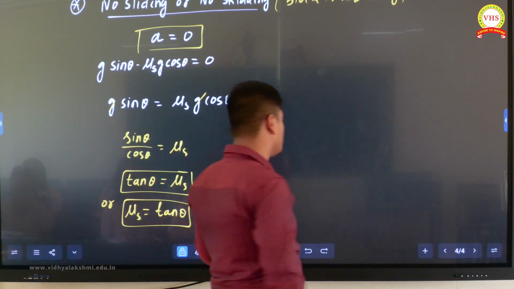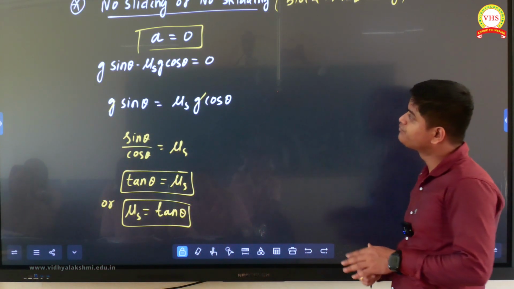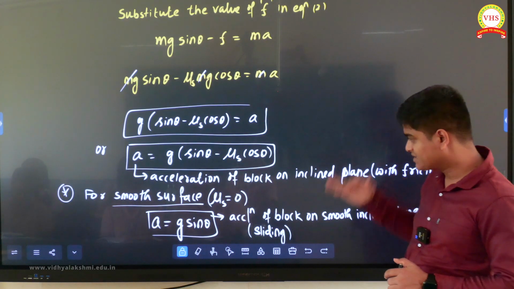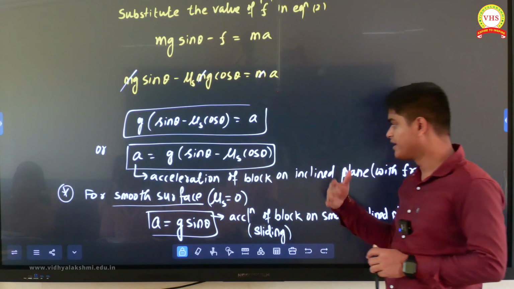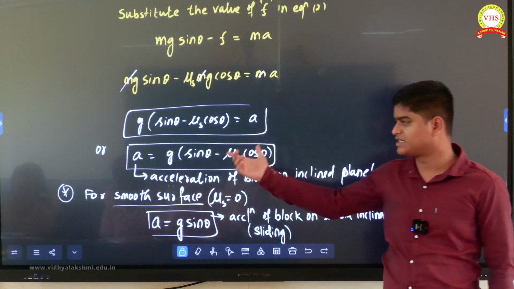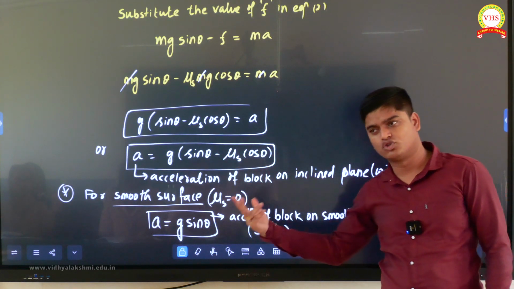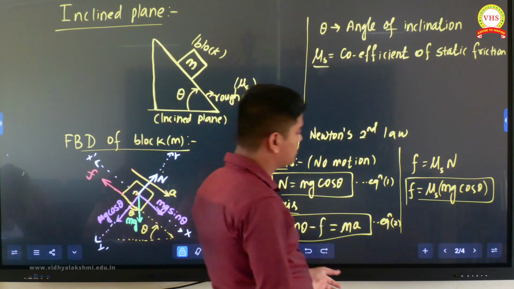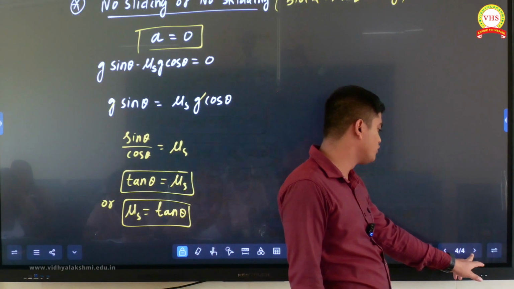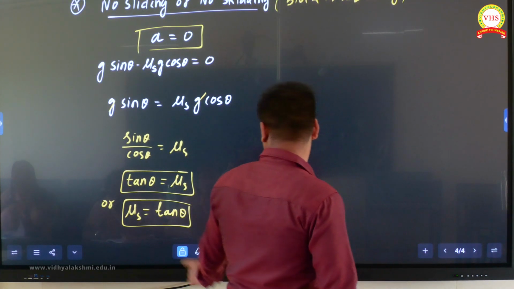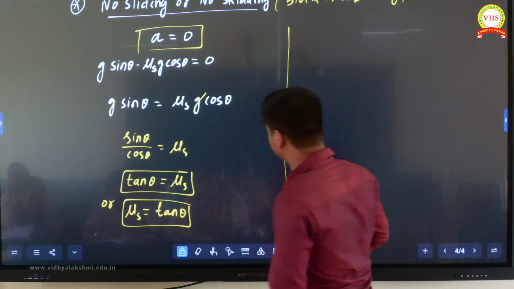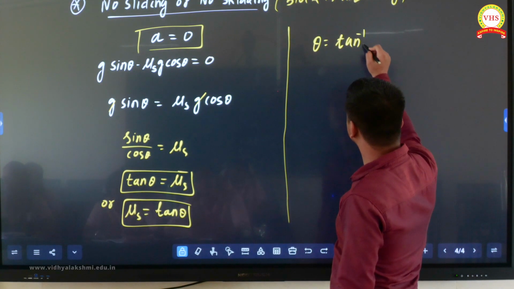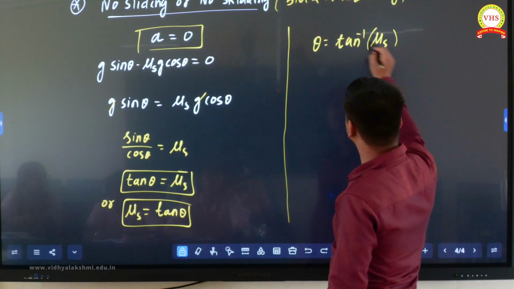Now from the beginning, write the note and remember: if an object is accelerating or sliding on a rough inclined surface, this is the acceleration. If that surface is smooth, then this is the acceleration. Clear? Tan theta you got. If you want to find theta, you take tan inverse mu s.